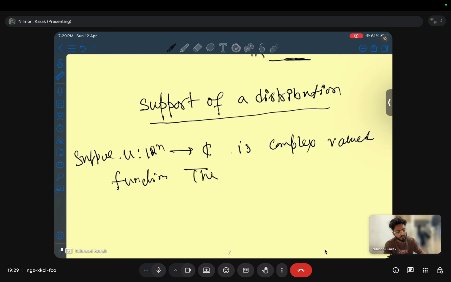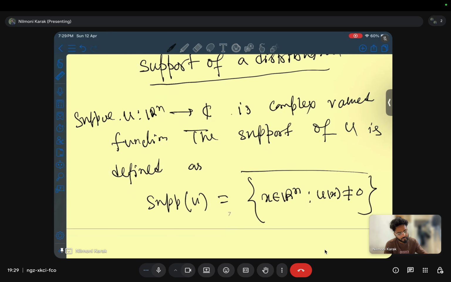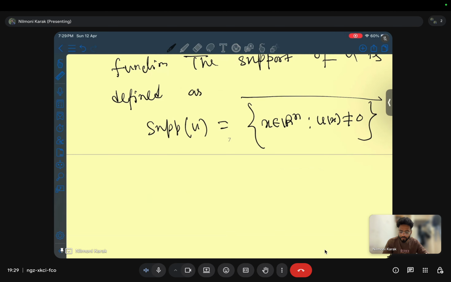Then the support of u is defined as this.